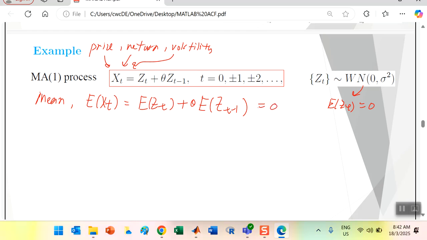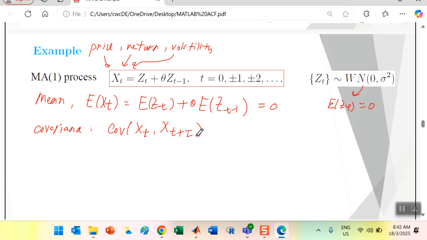So here, this basically gives us a 0 result at the end. Okay, so for the covariance, we have covariance of XT and XT minus tau, or XT and XT plus tau.